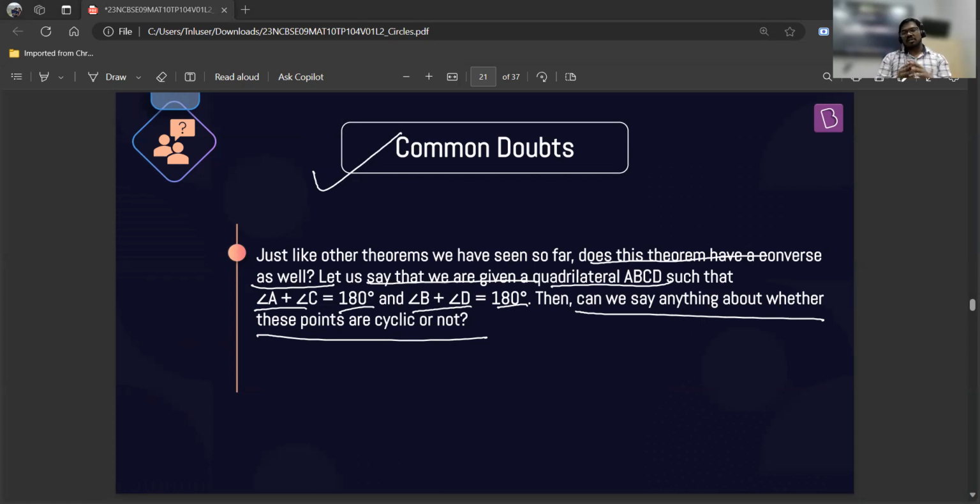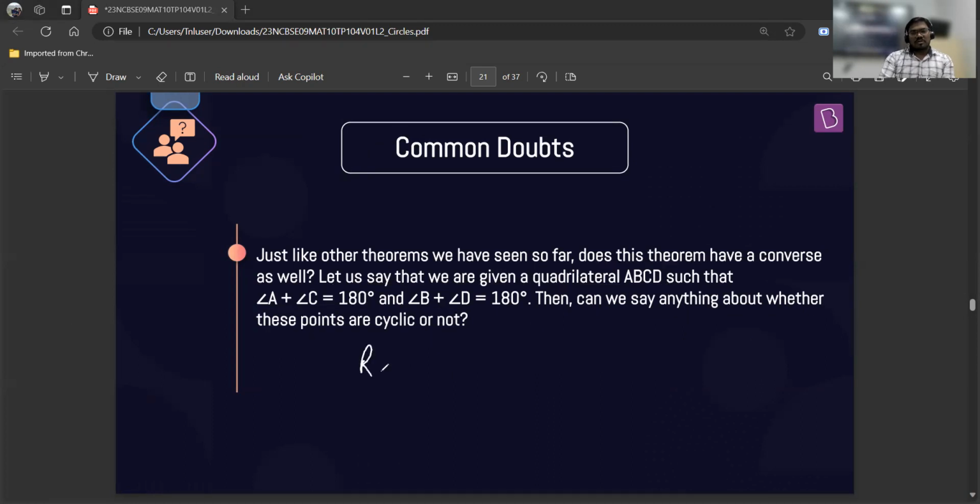Means when the sum of opposite angles of a quadrilateral is 180, right? So if I talk about rectangle and square, what is the sum of opposite angles?